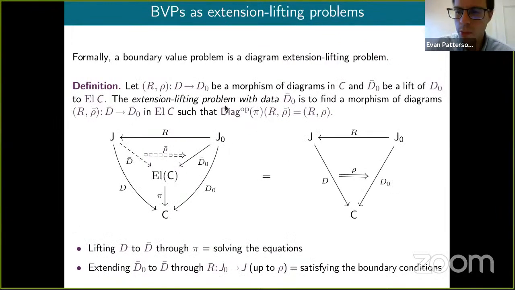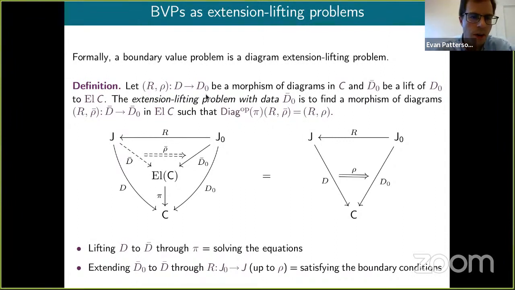Okay, so this is probably the last thing that I'll get to, but I at least want to explain the idea here. When you solve a PDE, you have the PDE and you have the boundary equations, and you need to find something that satisfies both. And so we can describe this by extending from just a lifting problem to an extension lifting problem.